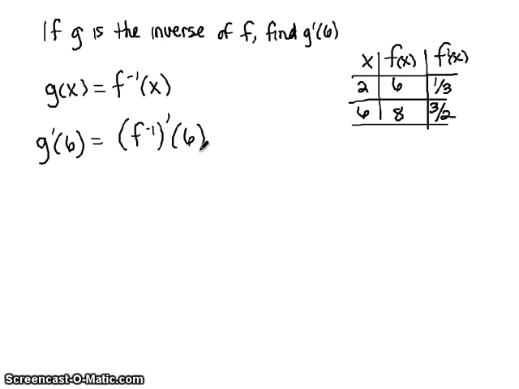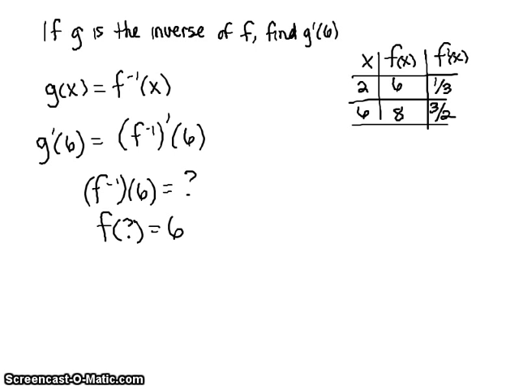Well, to do that we need to relate it back to f. So we need to think about the point: f inverse of 6 is equal to some value. But we also know that f of whatever that value is equals 6. So that's taking advantage of the relationship: if (a, b) is on f, then (b, a) is on f inverse.